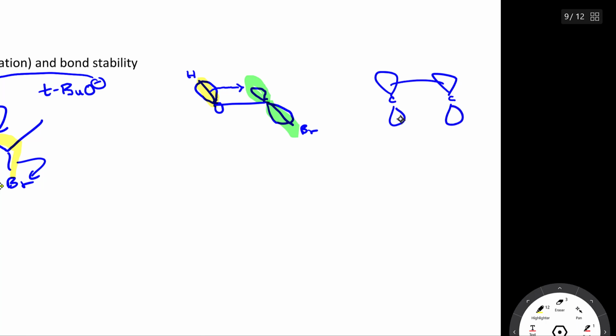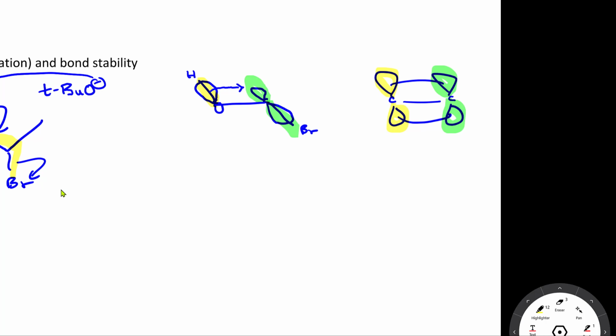And those electrons that got dumped into it came from that yellow bond that's over here between the carbon and the hydrogen. This orbital, which is unhybridized, came from the yellow orbital. And this orbital, which is unhybridized, came from the green orbital with the bromine. So you have to have this anti-configuration for the best orbital overlap for the reaction to take place.